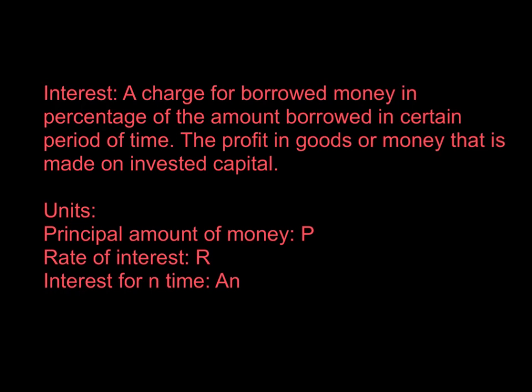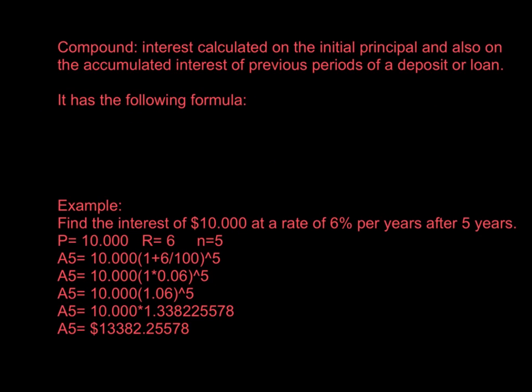Now we have one of the branches that is compound, that is the interest calculated on the initial principal and also on the accumulated interest of previous periods of a deposit or loan. It has the following formula: AN, so this means period time of n.